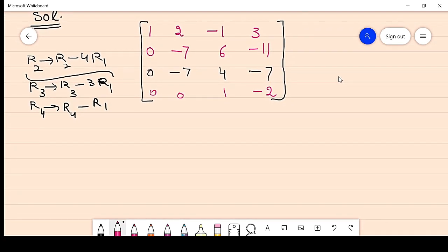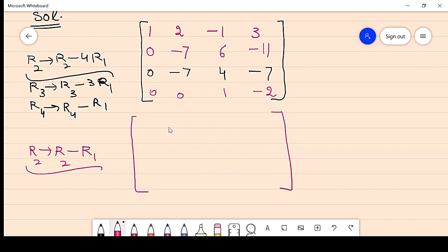matrix. Now in this case, my aim is that this term should be 1 and the remaining entries below should be 0. So to make it 0, we apply directly the operation R3 minus R2, because both entries are minus 7.